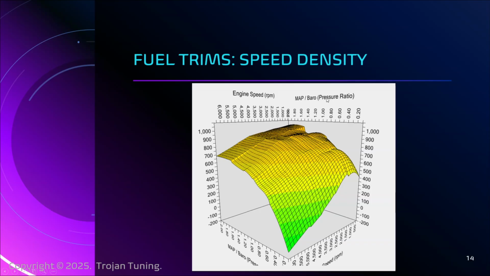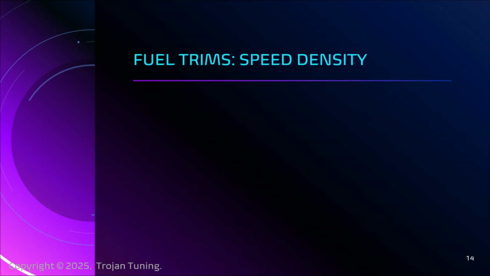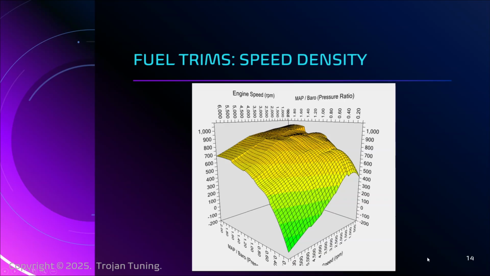And over here we have what's called the pressure ratio, which is taking the manifold pressure and adding the barometric pressure into the mix. So super exciting, right? And it produces this grid and shape. This is just a visual representation of a table like this one, graphed out. There's all kinds of things to talk about with this table, but this is what it looks like.